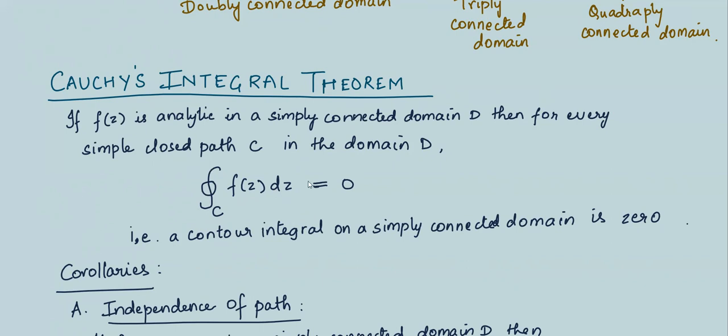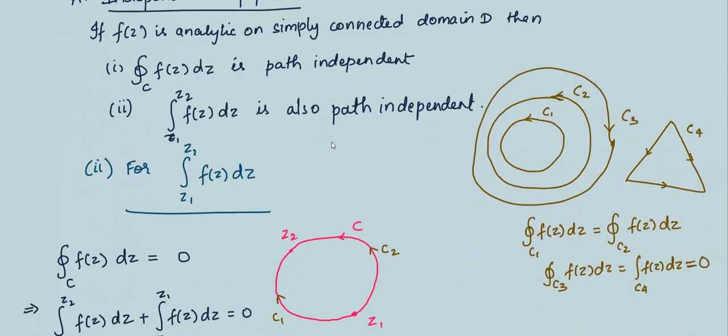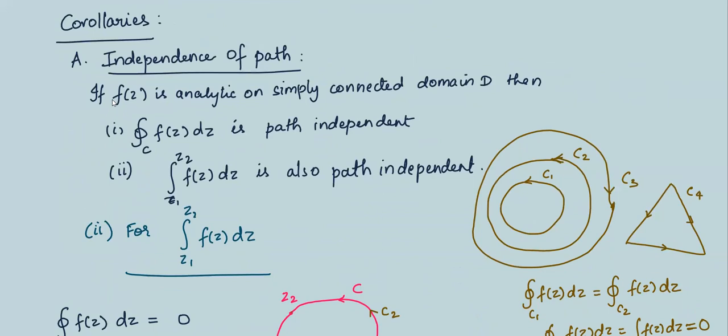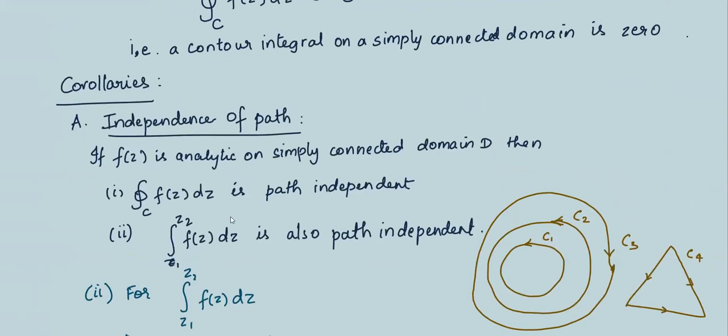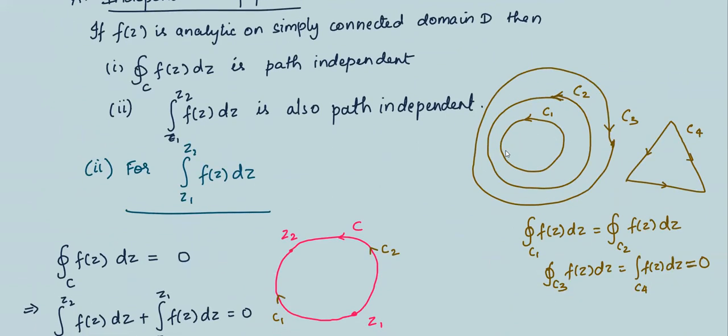A consequence of this result is that from one point to another point, the integrals are path independent. They're path independent. Of course, if you take contours, all contours are the same, 0.